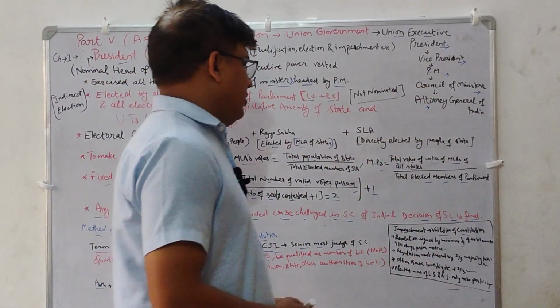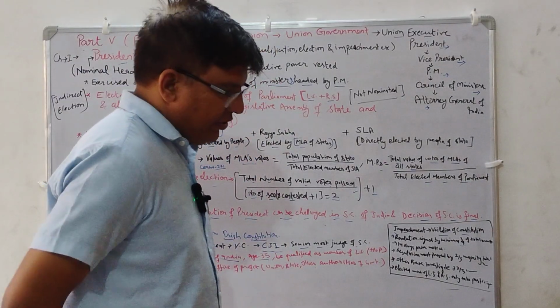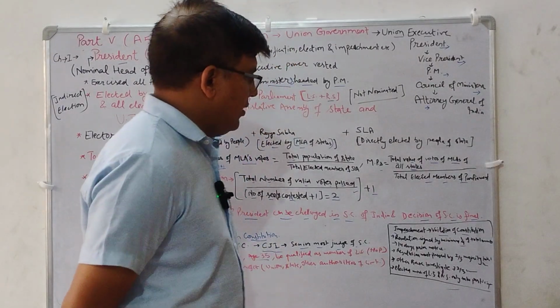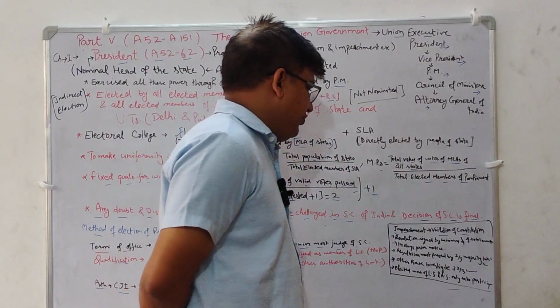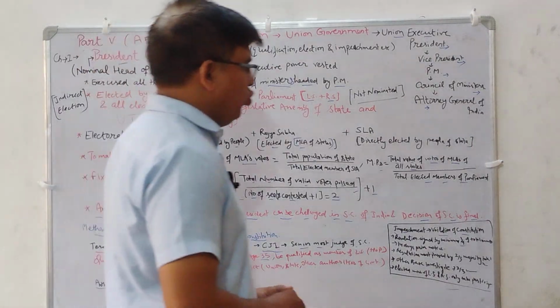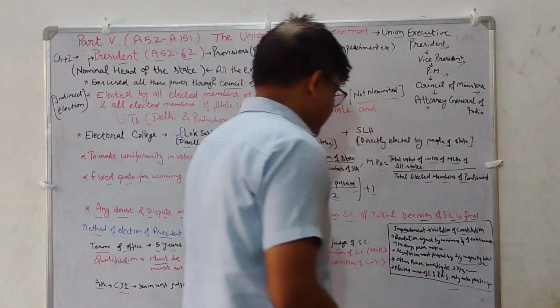With this, 14 days prior notice to the president is a must. Next, the resolution for the impeachment must be passed by a 2/3 majority of the total members of the House.